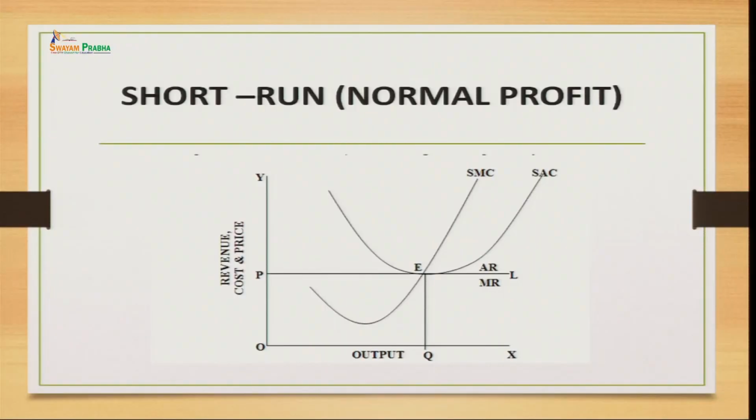Let us look at the graph where a firm is earning only normal profit, and if you remember I have told you normal profit is a condition where the average revenue of the firm equals the average cost. Now, again we have output on the x-axis and we have revenue, cost and price on the y-axis. I believe you are able to understand it clearly now from where we have taken this OP price.